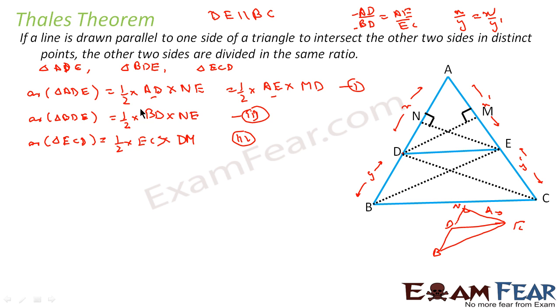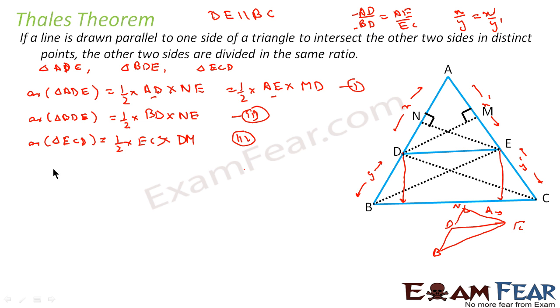If you observe these triangles, triangle BDE and DEC, if you see the height of both these triangles is the same. This is the height. If you take this triangle, this is the height. With this triangle, this is the height. Height is same, and the base is also same, DE, right?